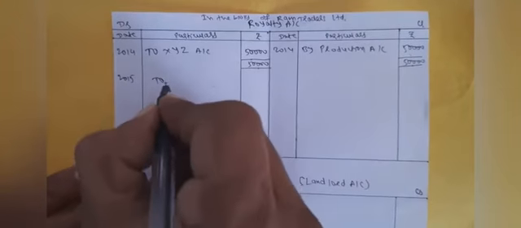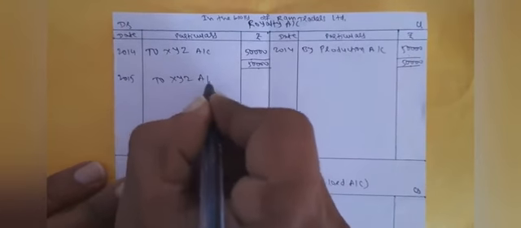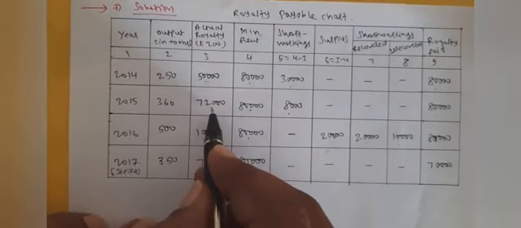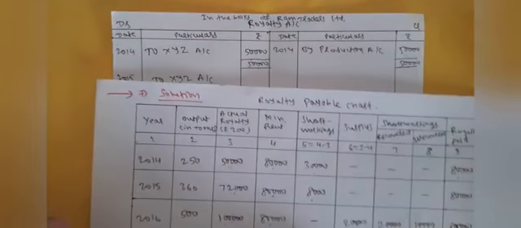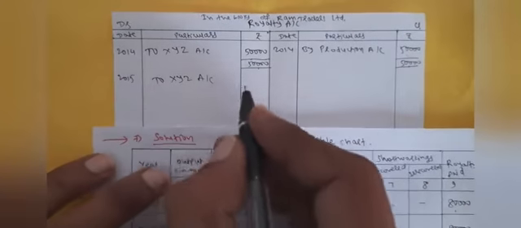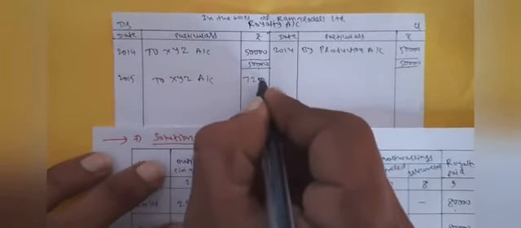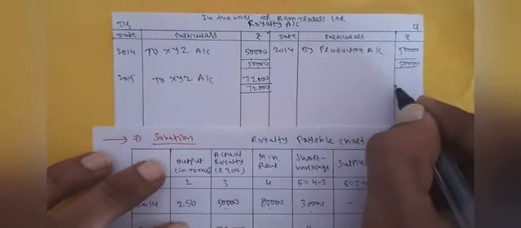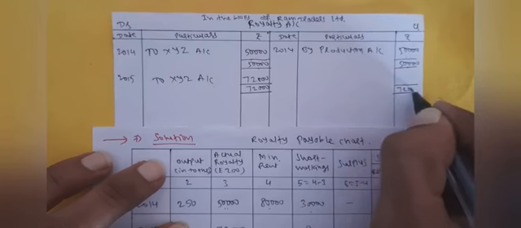Now in 2015, again to XYZ account. See how much the amount is. We have to see this column only, actual royalty. It is 72,000. So make the total: 72,000, 72,000.